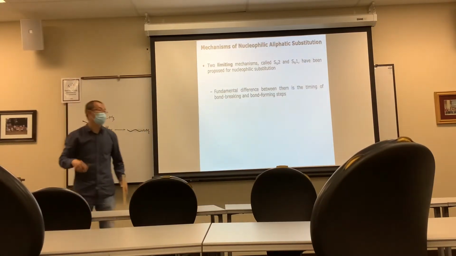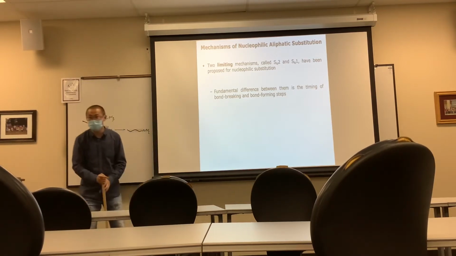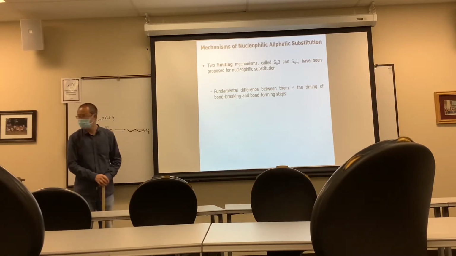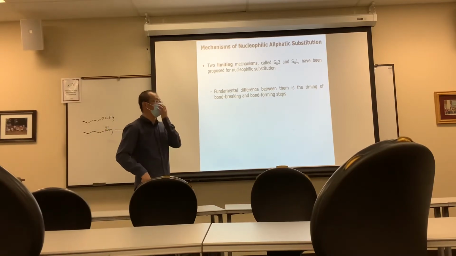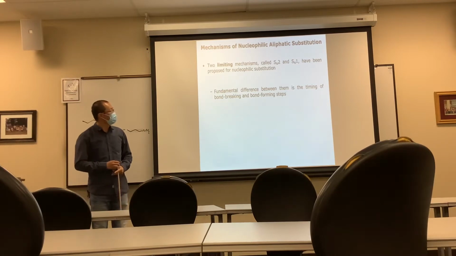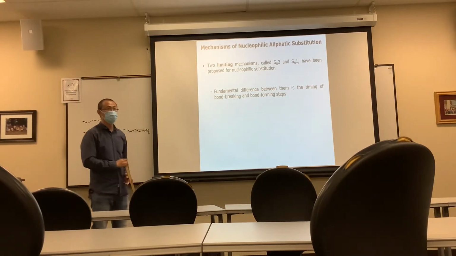Now let's take a look at the mechanism. Like I said, everything in this chapter is easy in terms of mechanism, but there are a lot of details. That's why we need to summarize the details of these reactions. First is the mechanism. There are two limiting mechanisms for nucleophilic substitution, called SN2 and SN1.